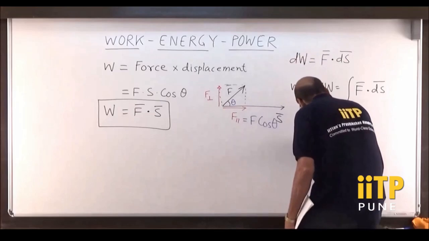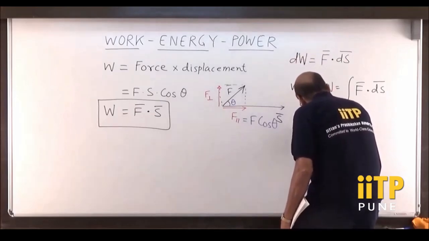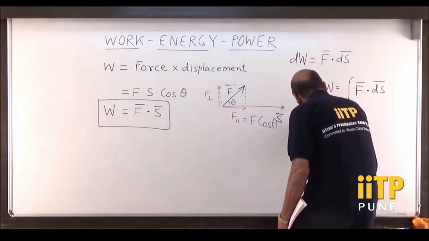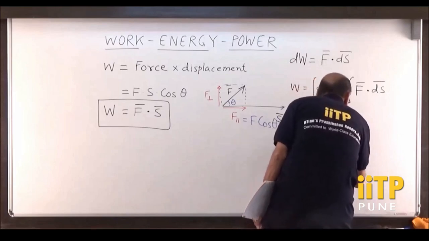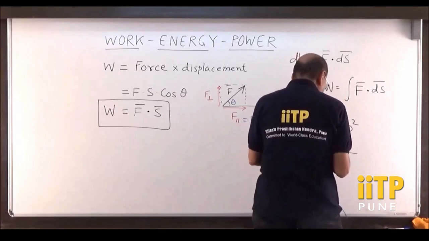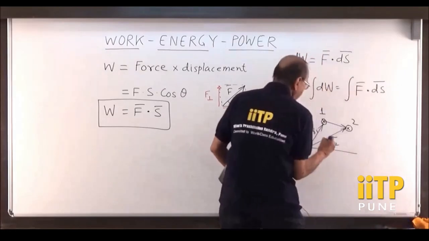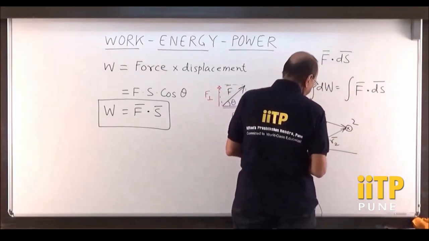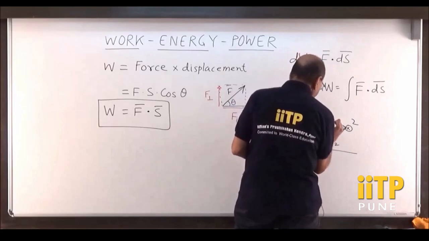So my initial radius vector was this, r1. My final radius vector is this, r2. And obviously, the body has displaced from 1 to 2. So this particular arrow 1 to 2 is really my ds.